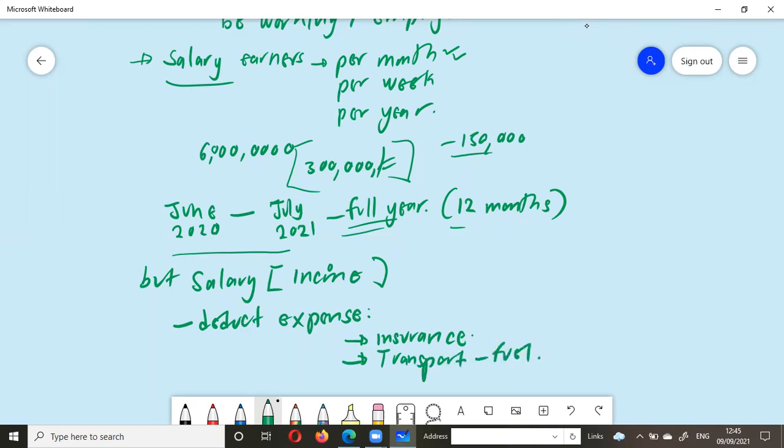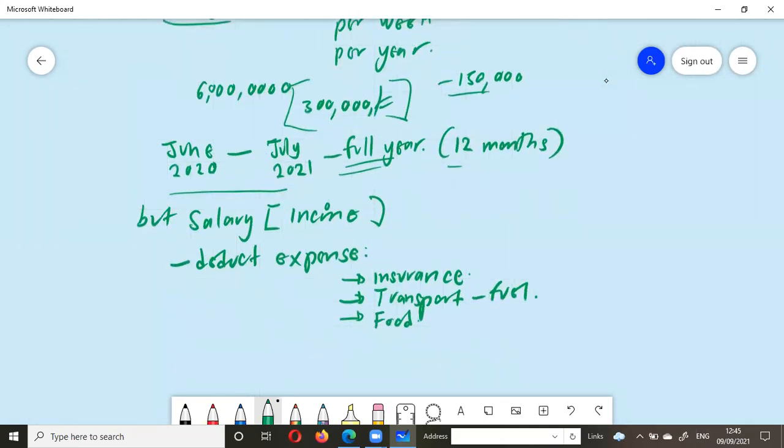Fuel is an expense, so transport is an expense. But remember, you also must eat food at home, no? So food is also an expense. Then security is an expense.